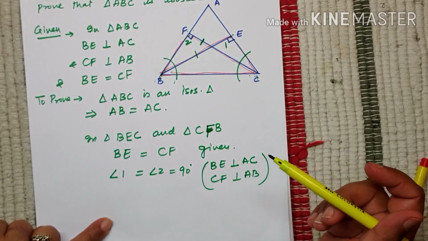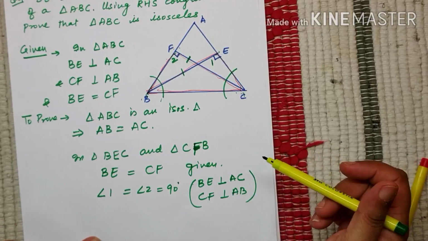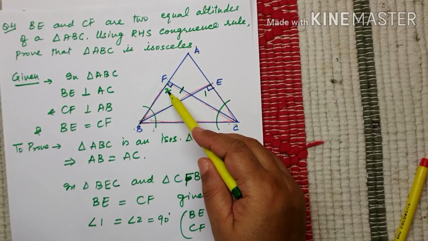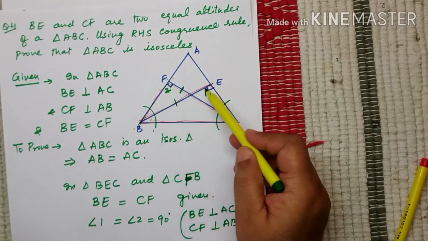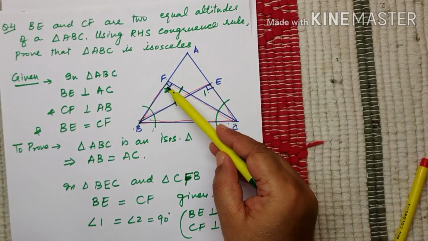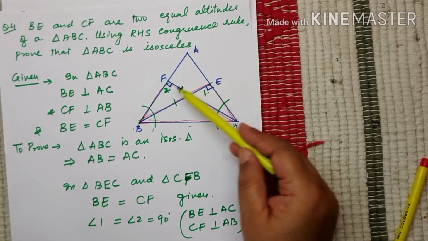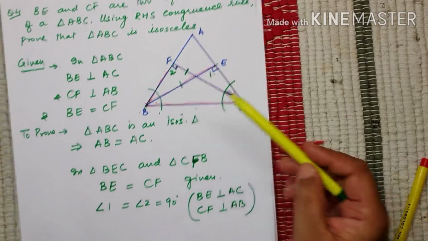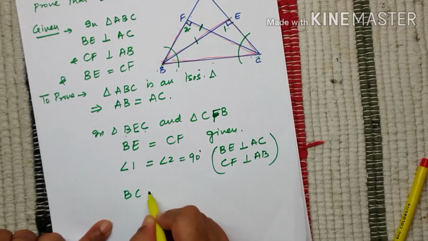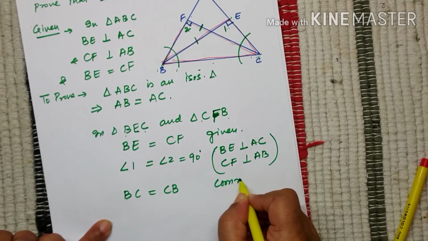We need to prove it using RHS. So given the condition, to identify the third thing becomes very, very easy. Because see, angle 90, BE and CF are one of the perpendicular sides. That means what is left is the hypotenuse, and the hypotenuse is the side opposite to the right angle. So which is the side opposite to angle 1 and angle 2? BC. So look at the question now. We have BC here and here I have CB. BC is equal to CB, which is common.